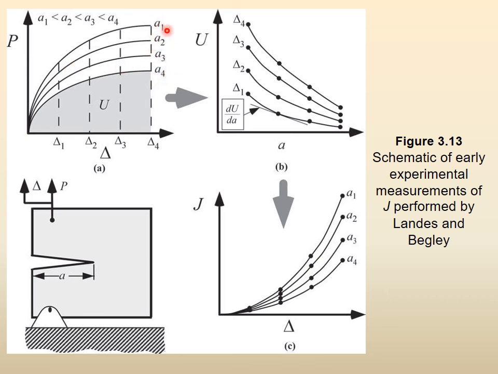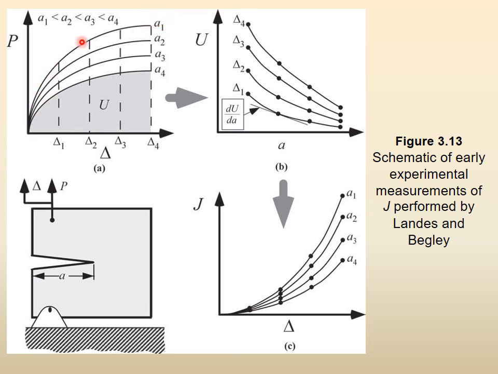So for example, if the crack size was a1, they did the experiment, and as P changed and as delta changed, they plotted this. For different values of P, there were different values of delta. Look at only one curve, because this specimen is of crack size a1.